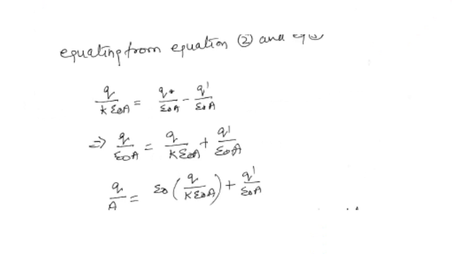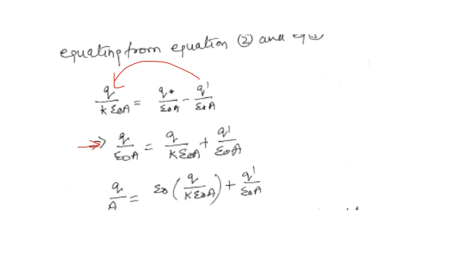If we equate this, Q over K epsilon 0 A is equal to Q over epsilon 0 A minus Q prime over epsilon 0 A. And this can be taken out here and this will result in this way. So this will be plus here.